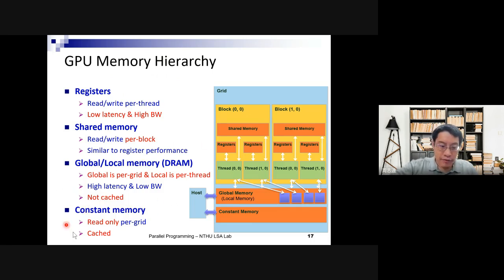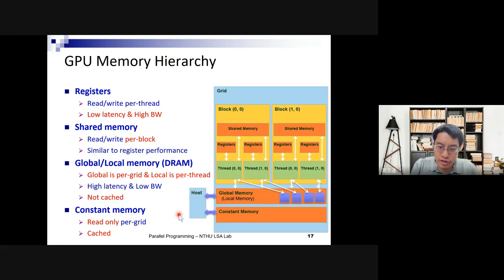And finally, the constant memory. We could also use it as an optimization for CUDA code, because if your data is read only, you can store it on constant memory instead of the global memory. Because the constant memory is read only, it will definitely be cached.